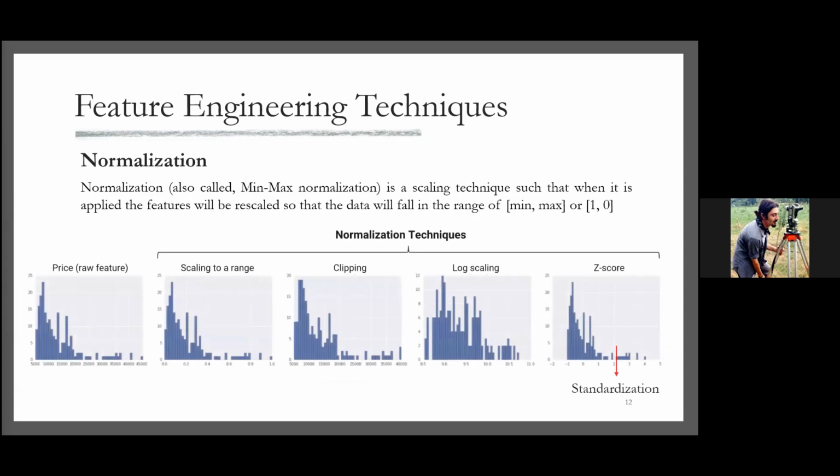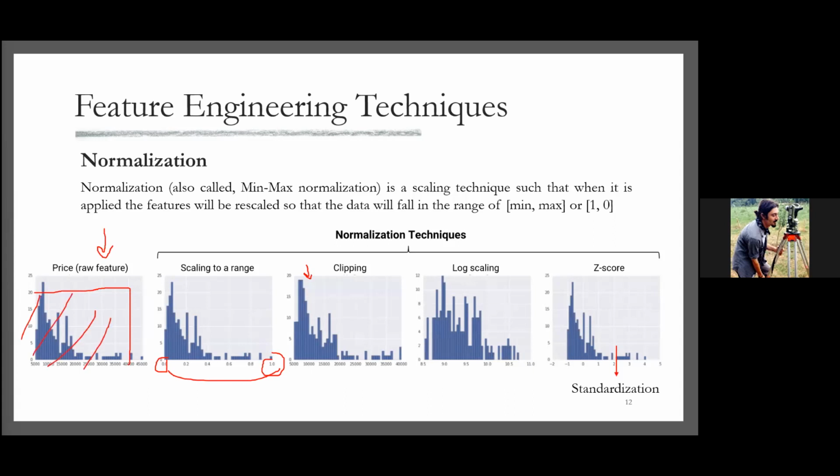And normalization, which is one of the scaling techniques. So in here we have raw data, price. We can scale it from 0 to 1. This is normalization, putting all the values between 0 and 1. Or we can clip the raw data. Like in this example, we only consider this part of the data.